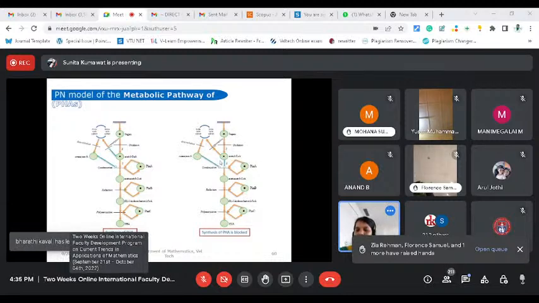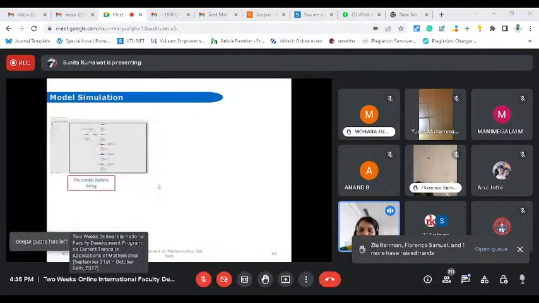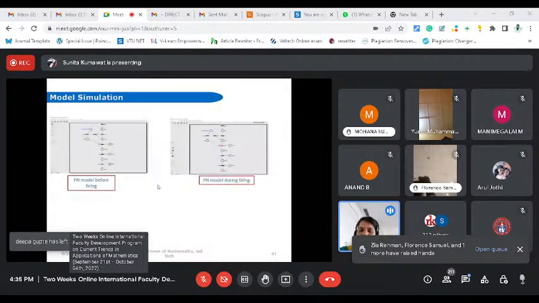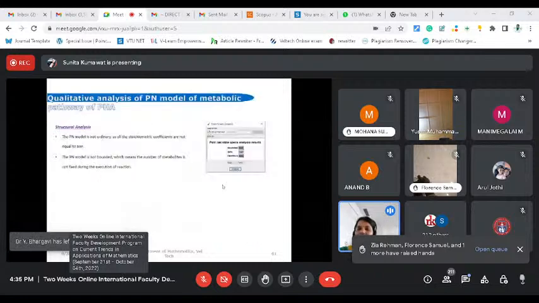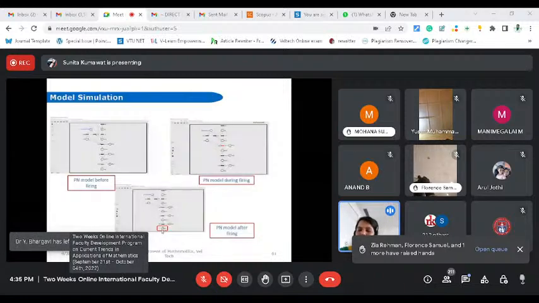Here we have shown how it is firing, and after firing we obtain the PHA, which means it is synthesized.